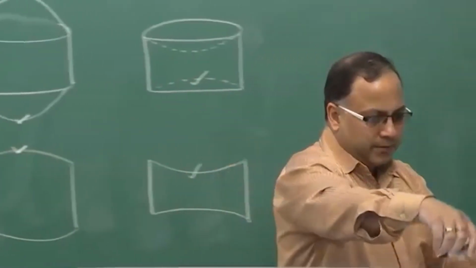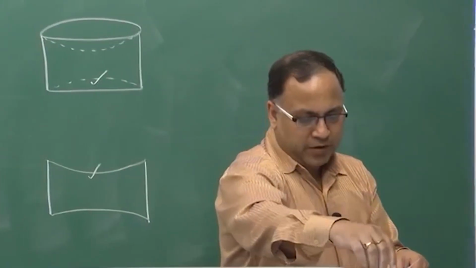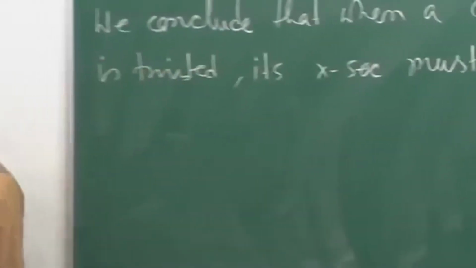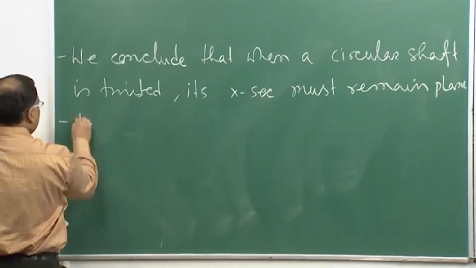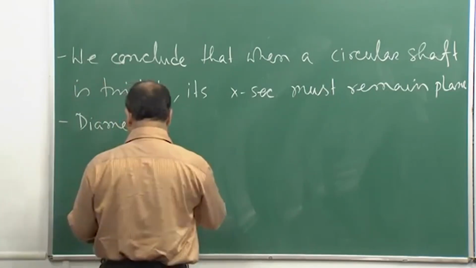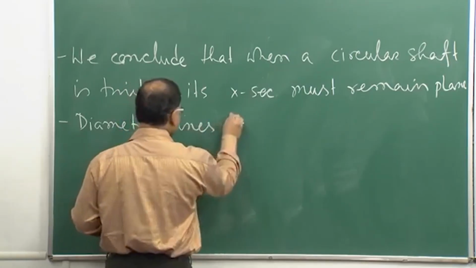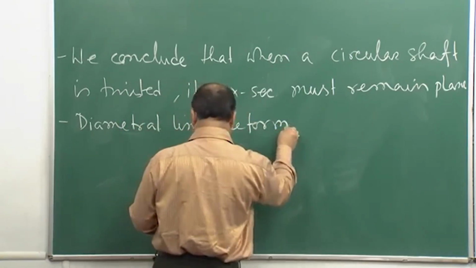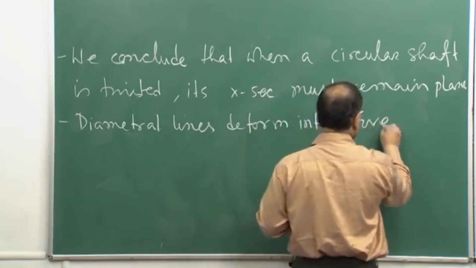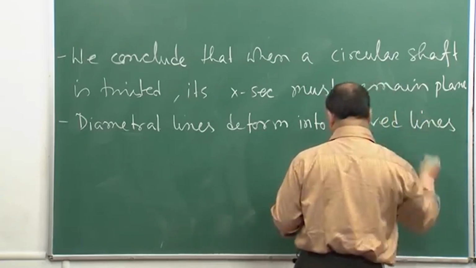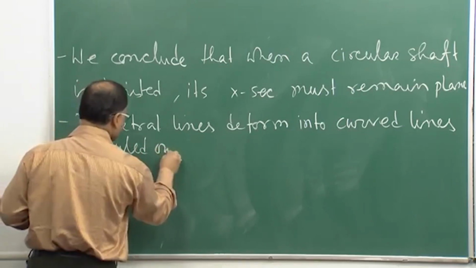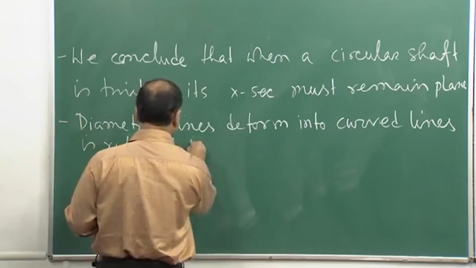We can conclude, that is my second conclusion, that diametral lines deforming into curved lines is ruled out by symmetry.